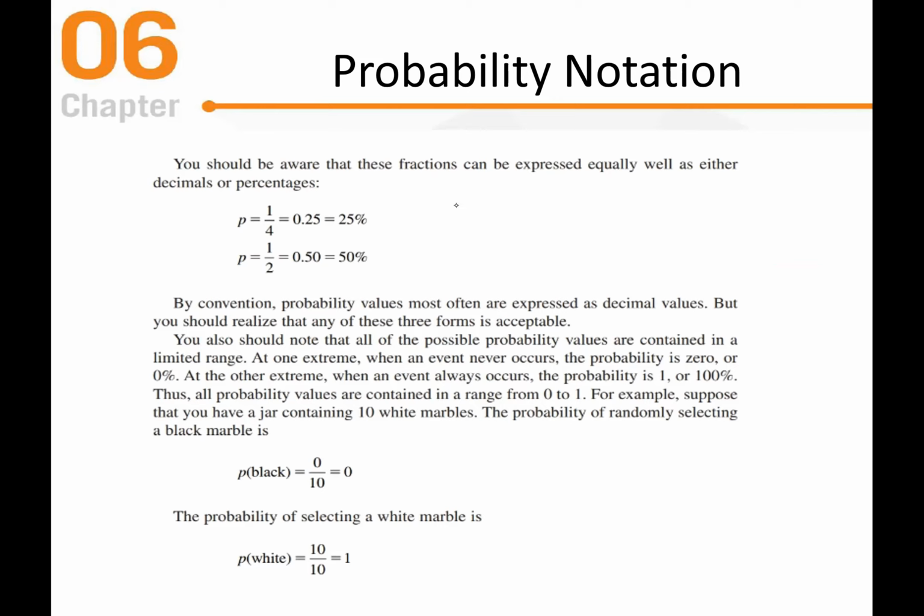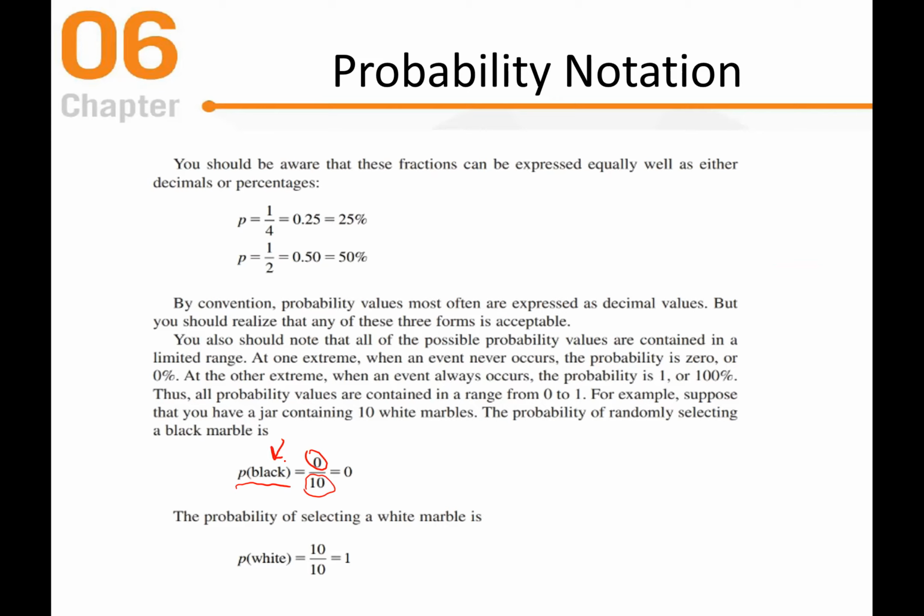All right, so that brings us to an interesting point, right? What if we're trying to find a proportion or a probability, and the event is the probability of getting something that's black, all right? But in the total possible number of outcomes, there are 10, and there is no possible outcome that is the event of getting something that is black.